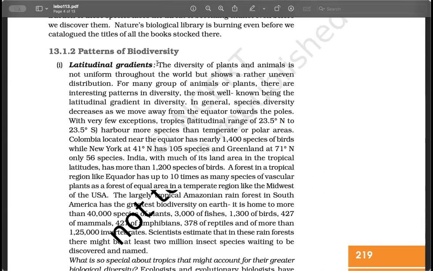Longitudes are the lines that run vertically from pole to pole. It starts from the South Pole and ends at the North Pole. If you're drawing lines from pole to pole, they are longitudes. If you're drawing lines from equator to poles, like circular lines, the equator is also an imaginary line, right?